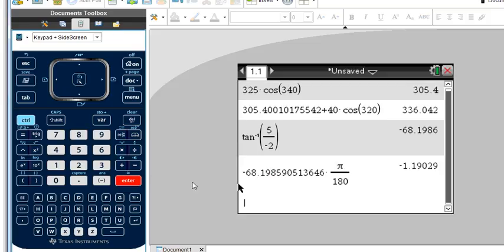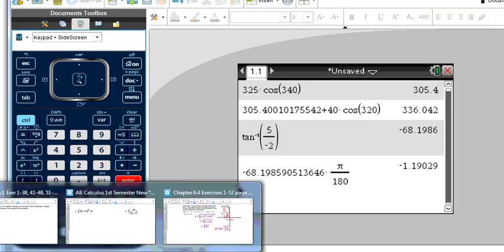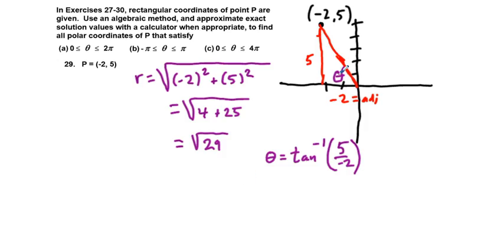And this will be the radian rotation. And so we're going to get negative 1.19. It's going to be this rotation here in radians where theta prime is, approximately equal to negative 1.19.